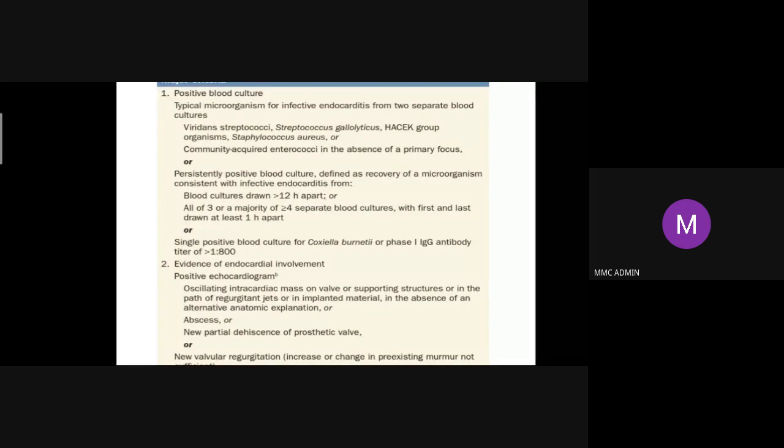If the organism is Coxiella burnetii, a single positive blood culture is enough.